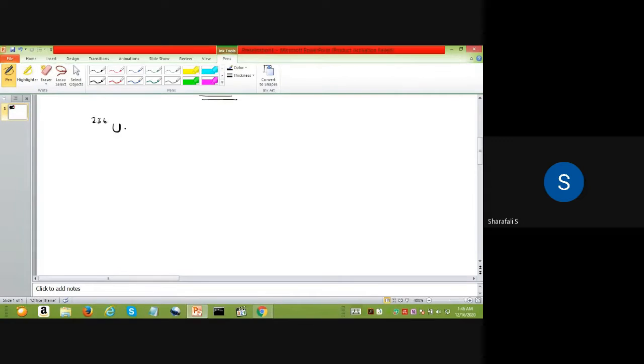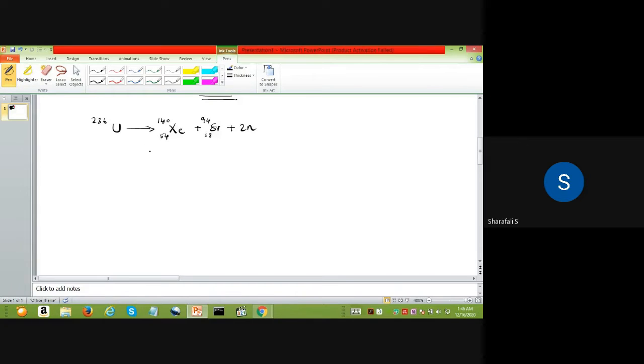It can undergo the nuclear fission process and produce xenon plus zirconium plus 2 neutrons. This xenon is 140 and 54, and zirconium is 94 and 38.